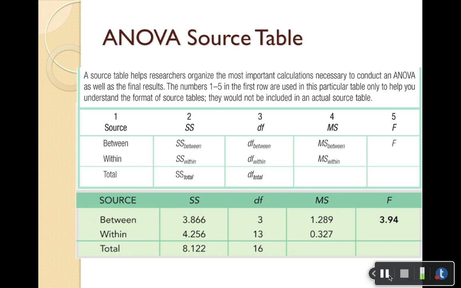So we would end up with 4 plus 3 plus 3 plus 3 to give us 13 degrees of freedom within. A shortcut, on the other hand, is knowing that our total degrees of freedom is the all-around total number of people in our study minus 1. So we have 17 people total, and that gives us 16 degrees of freedom total. So again, whichever of those is easiest, the degrees of freedom between and within will sum to the total.